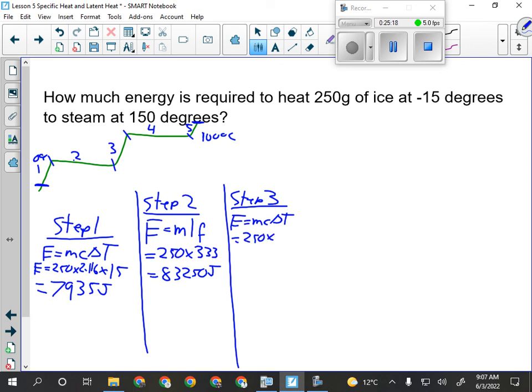Now that it's liquid water, I have to use the specific heat capacity of liquid water. And I'm changing the temperature from 0 to 100, so 100 degrees Celsius.